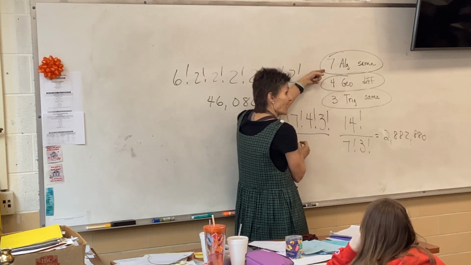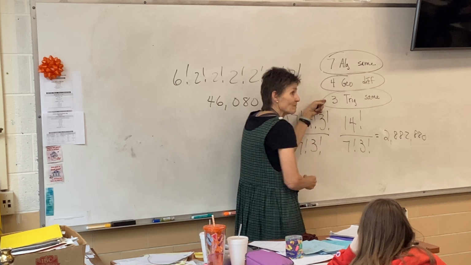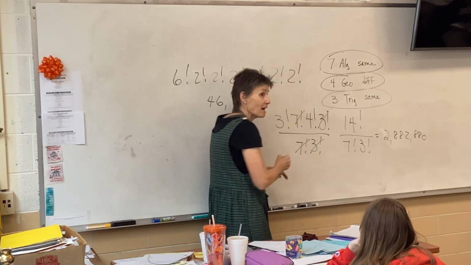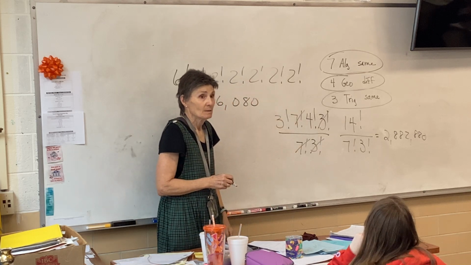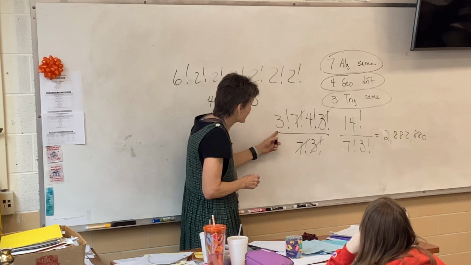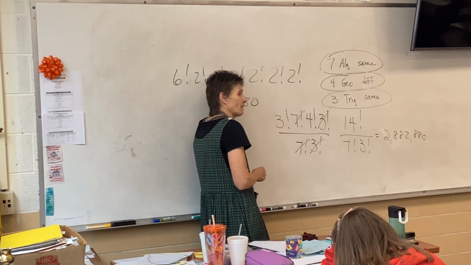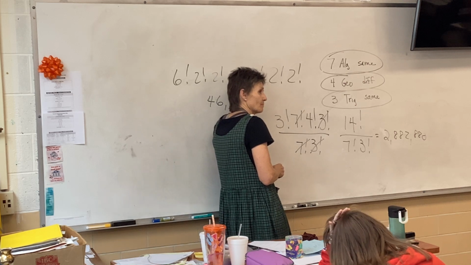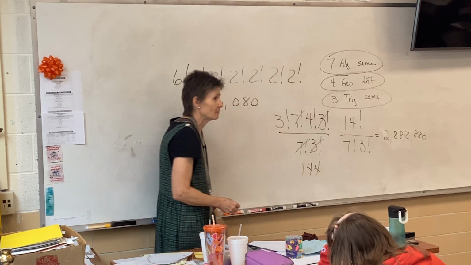So I still gotta divide by 7 factorial and 3 factorial. Now these will cancel. You are definitely allowed to cancel those. They're the same. So your answer would just be 3 factorial times 4 factorial, which is 144. That's for B.